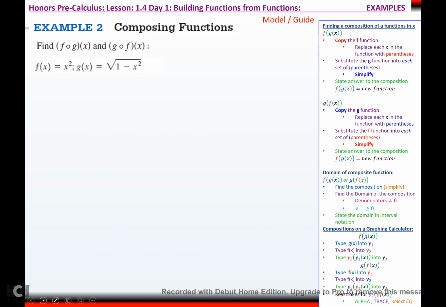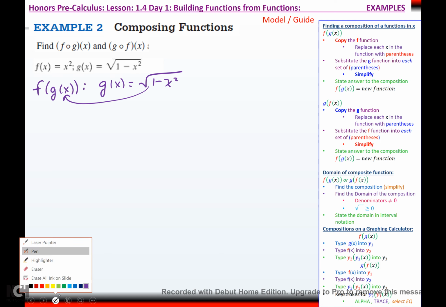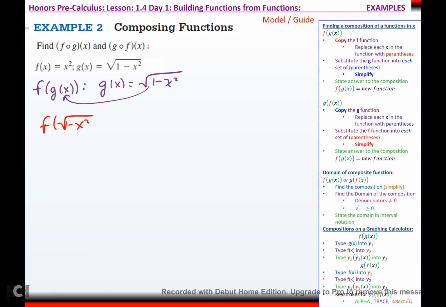Alright, let's try another one. We want f of g of x. So we're starting with the g function, which is the square root of 1 minus x squared, and we're going to take that to f. F says f of the square root of 1 minus x squared.